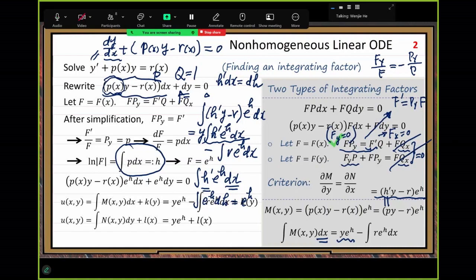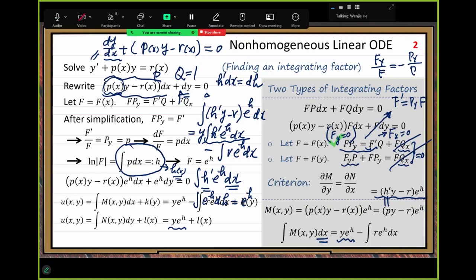Here I want to explain why you get the first term, y times e to the h. Remember, h is a function that only contains x. H does not contain y. When we do the second integral with respect to y, we treat x as constant.